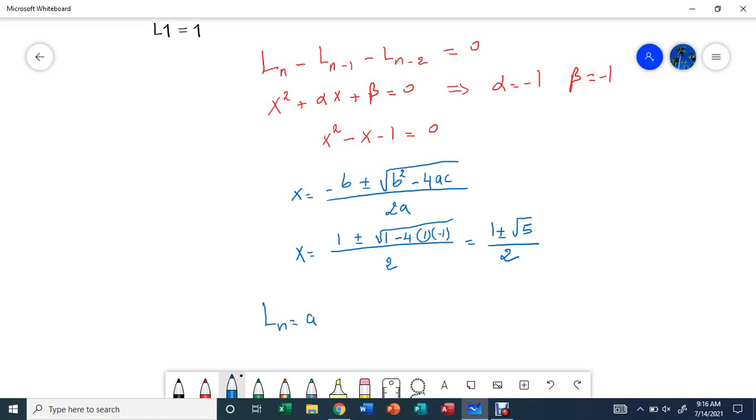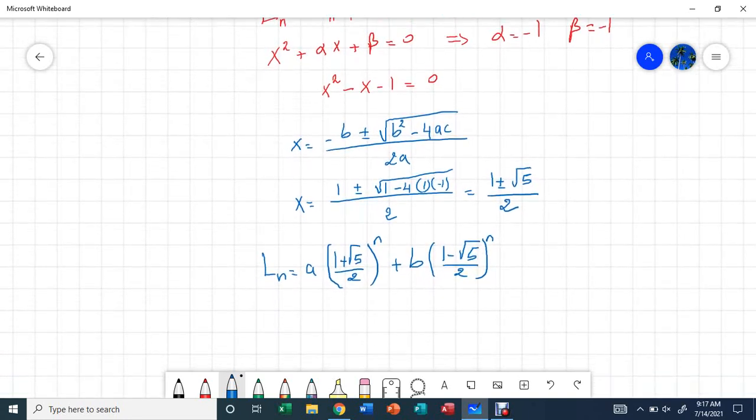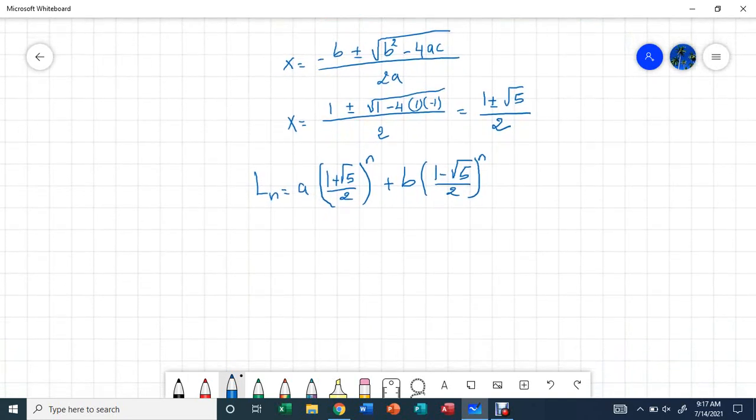I'm just going to go with the positive one, (1 plus square root 5 over 2) to the n, plus another constant b times the second root, (1 minus square root of 5 over 2) to the n. And now we need to find the constants a and b, and we're going to use the initial conditions to find a and b.